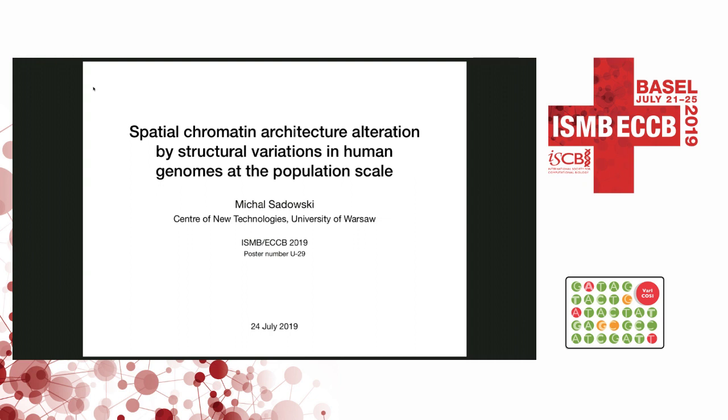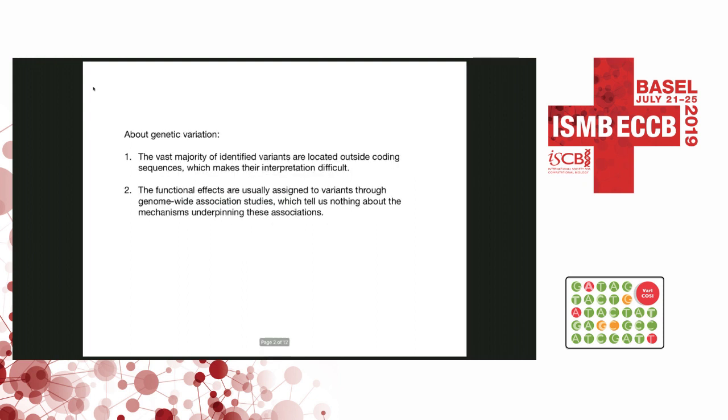Okay, so I would like to talk about variant interpretation in the context of spatial genome organization. There are two aspects I would like to point out at the beginning. First of all, as all of you know, the vast majority of identified variants are located outside coding sequences, which makes their interpretation difficult.